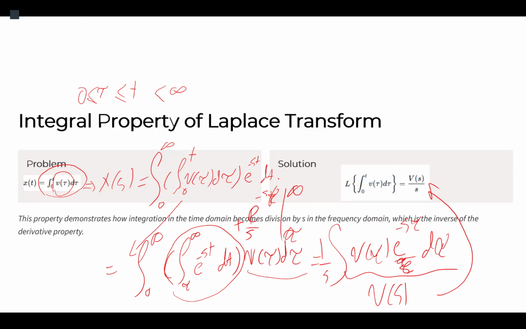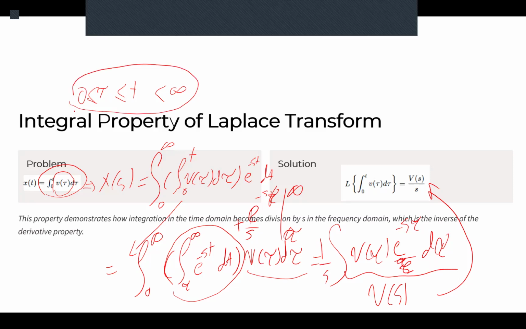If you want to do that, we use the boundary conditions that we have. We know that the ultimate lower and higher boundary is 0 to infinity, and based on this definition, tau goes from 0 to t. So these are the boundaries of each of the parameters. Tau goes from 0 to t, and t goes from tau to infinity. Are we good?